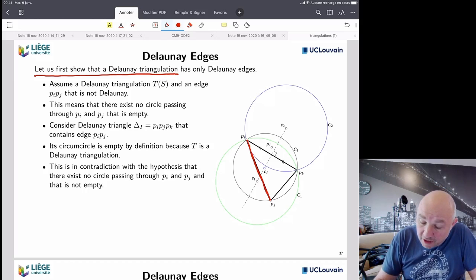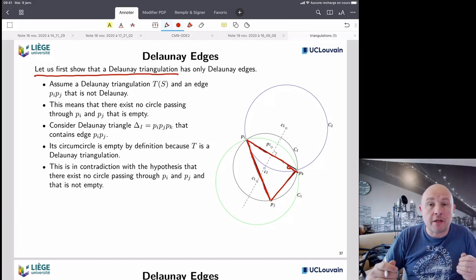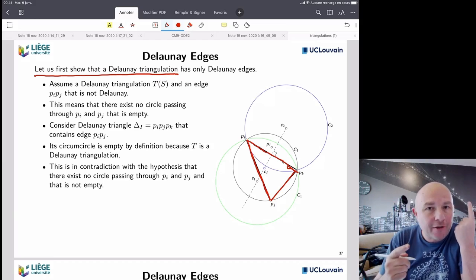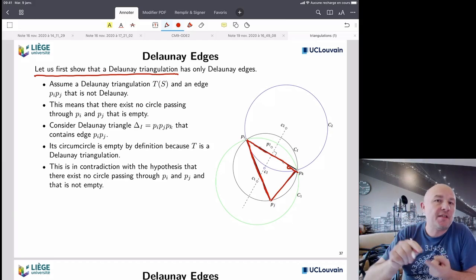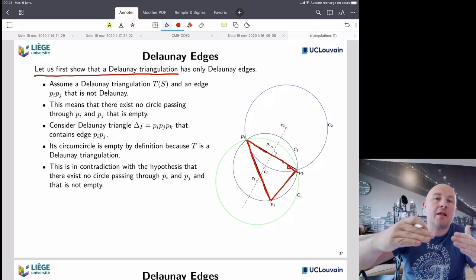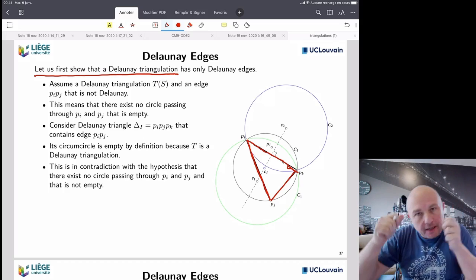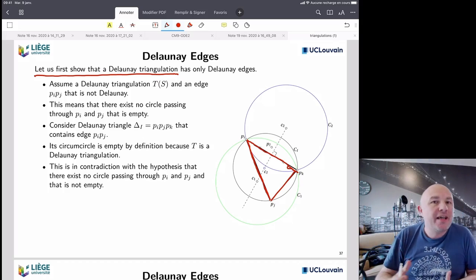If you have an edge, there is at least one triangle that contains that edge. So if you have an edge of a triangulation, it has at least one adjacent triangle. It is either 1 or 2: it has 1 if it's on the convex hull, it has 2 if it's inside. But anyway, there is at least 1.